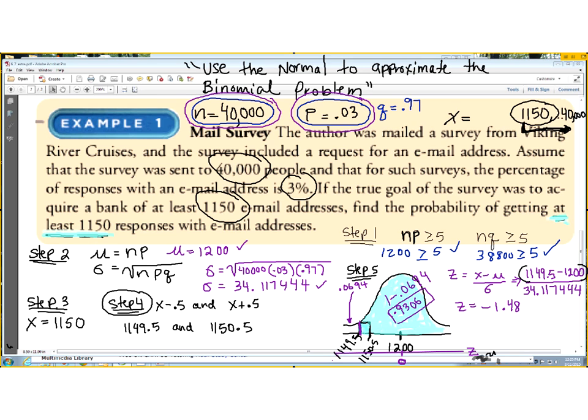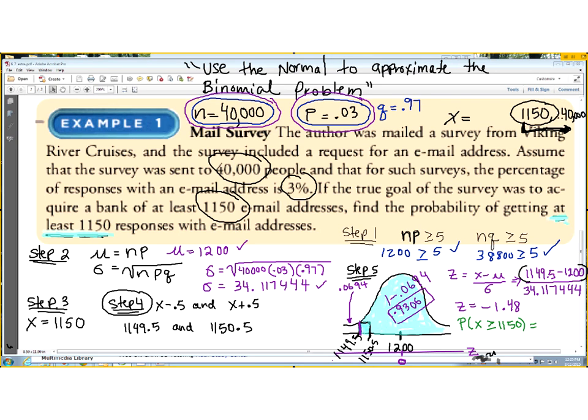All right, let me change my colors here. I squeezed everything in, so I just want to make sure you can see what my notation is. The probability that x is at least 1,150, so that means at least 1,150. That's what the question asked.